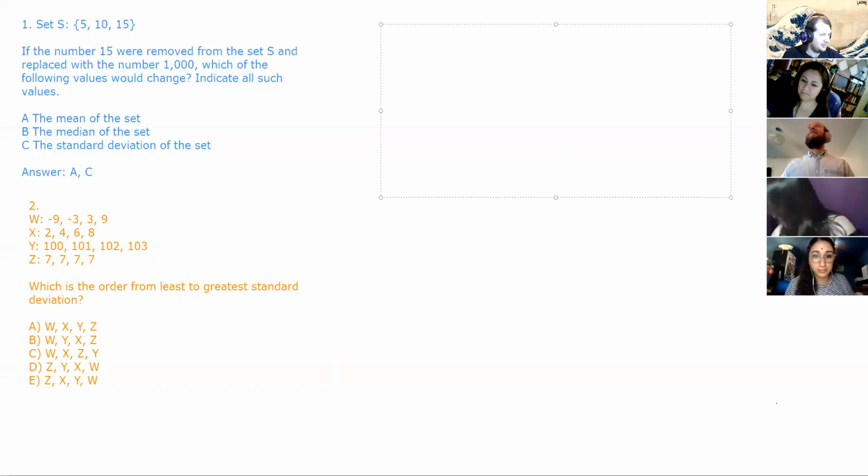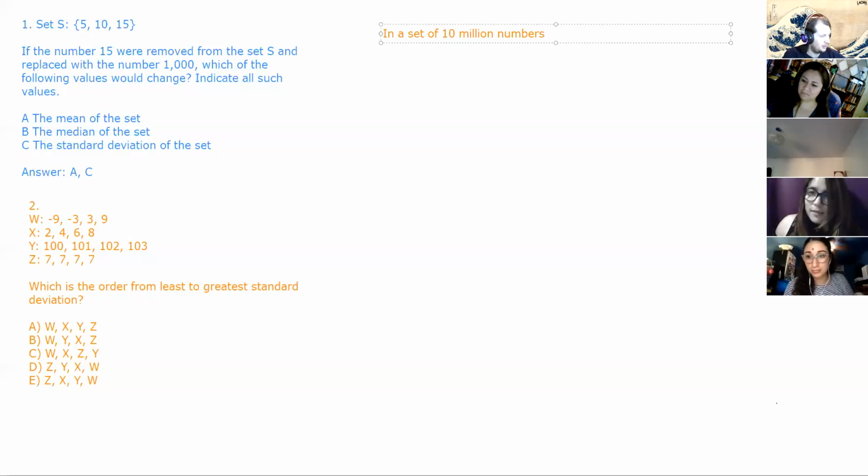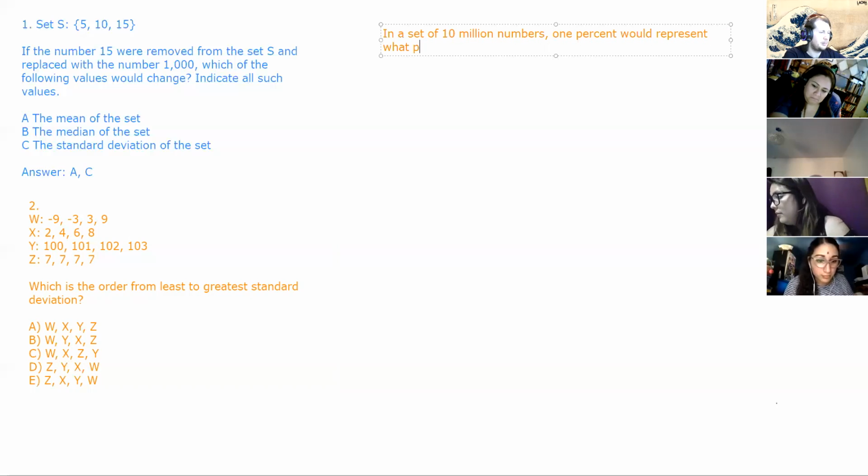In a set of 10 million numbers, 1 percentile would represent what percent of the total number of terms?